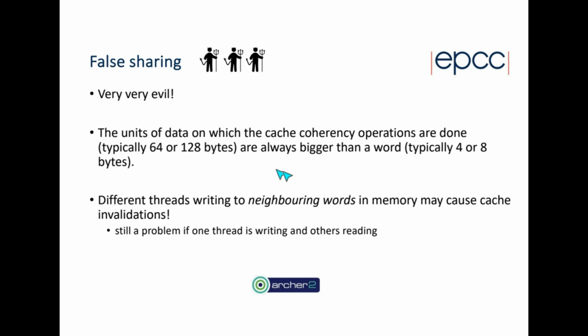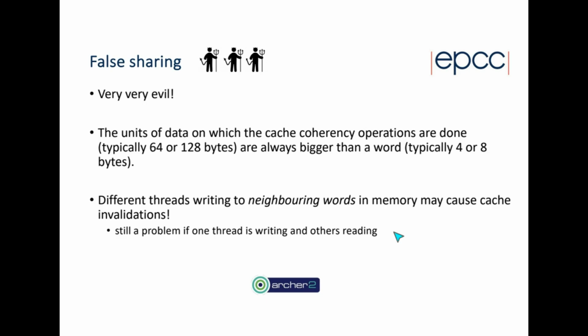So that means that even if different threads are not actually sharing any data values, if we have the situation where different threads are writing to neighboring words in memory, then those words are going to be stored in the same cache block.